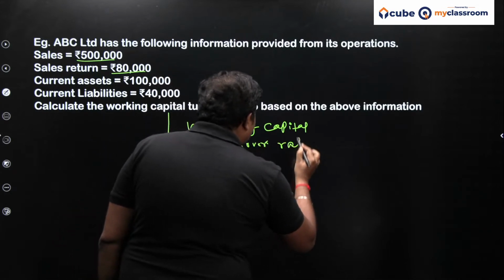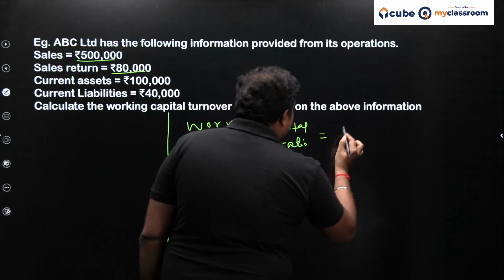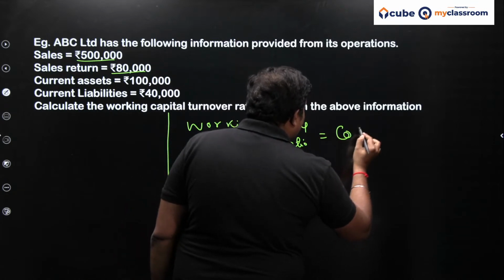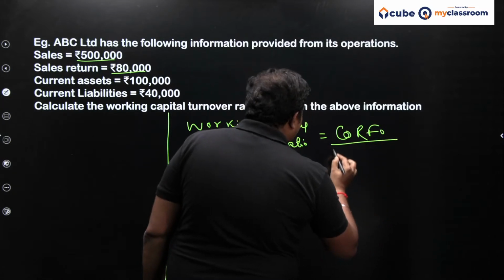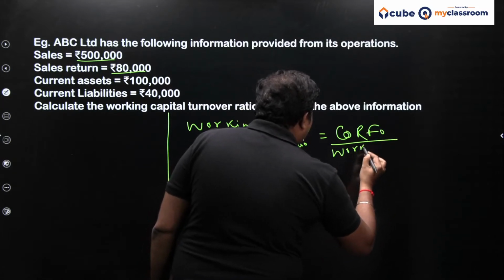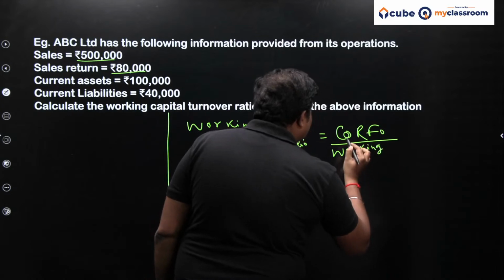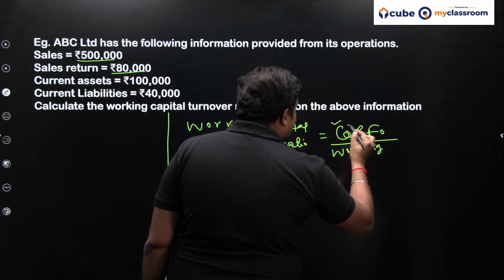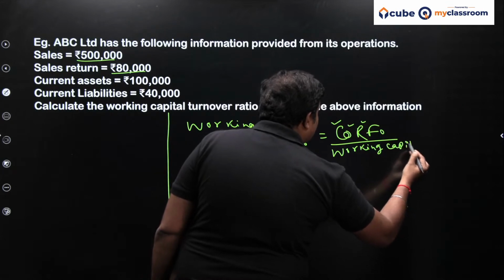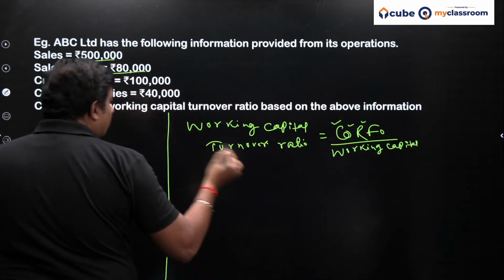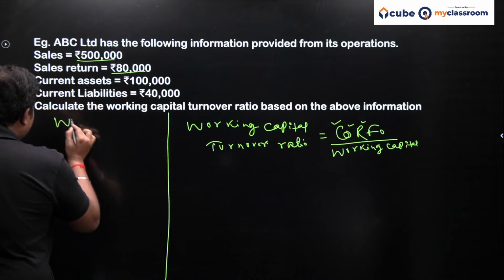The formula, using the short form, is CORFO upon working capital. When I say CORFO, it simply means cost of revenue from operation upon working capital. Now how to calculate the CORFO? This must be shown in your working notes.